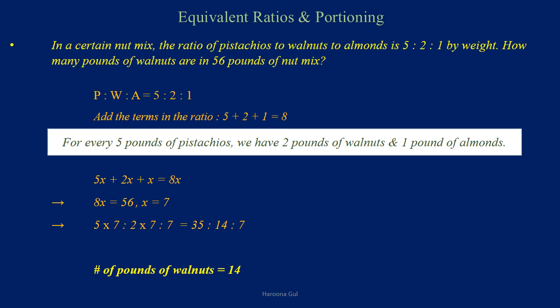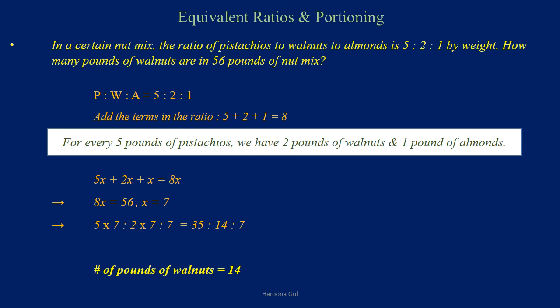And if we multiply 7 with each one of the ratios, we're going to get the total, that is 56 pounds, right? So if 5, that is the ratio of pistachios, is multiplied by 7, we get 35. If 2 is multiplied by 7, we get 14. And if 1 is multiplied by 7, we get 7, right?